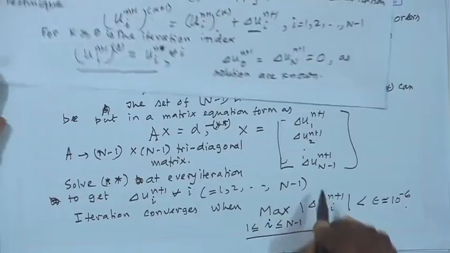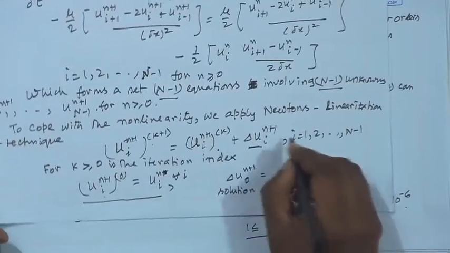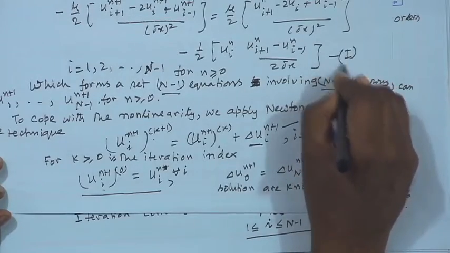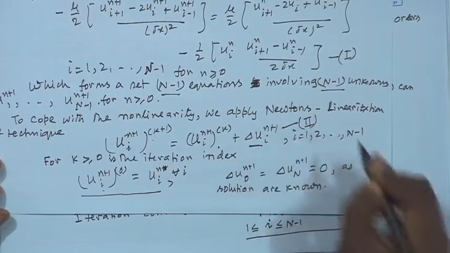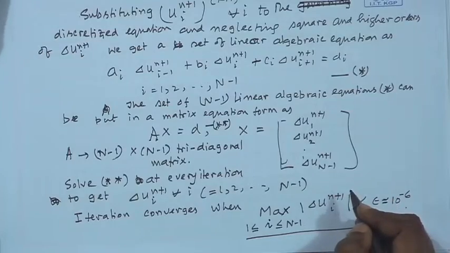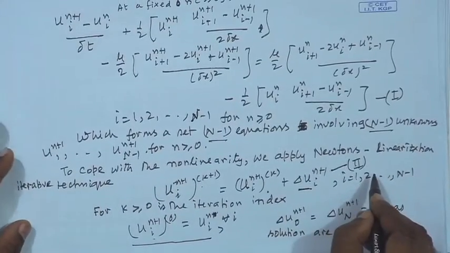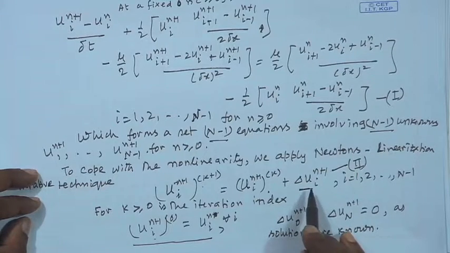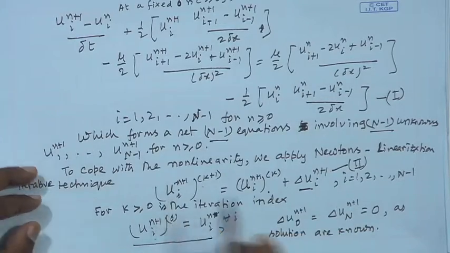then go back to this equation, and let us call this equation, since we are referring to it several times, so let us call this 1 and this 2. So, this equation we are calling equation 2. When you get the delta u n plus 1 i, substitute here and get the modified value.